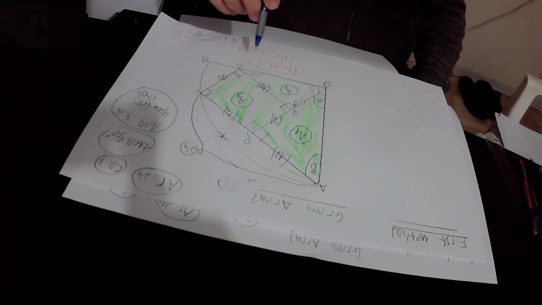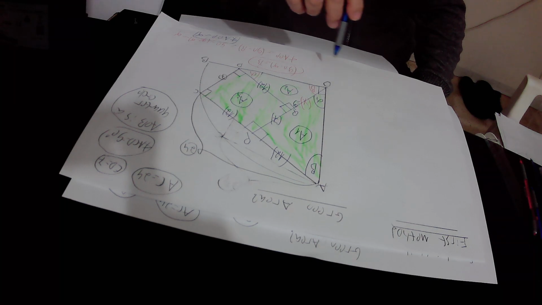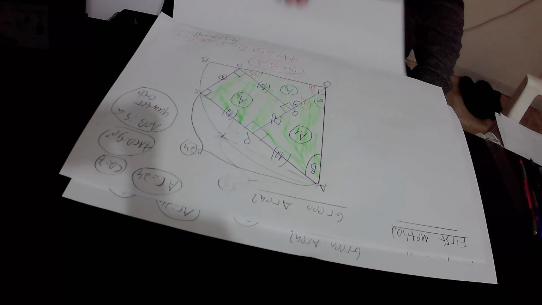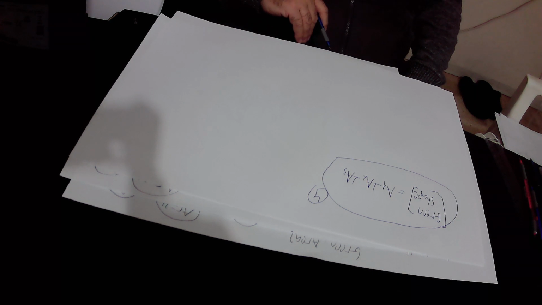The sum of those 3 areas in total will be equal to the area of the green shape. Repeat again, the area of the green shape equals A1 plus A2 plus A3. We calculate each area separately, and then we add the 3 areas together. It will be equal to the area of the green shape.